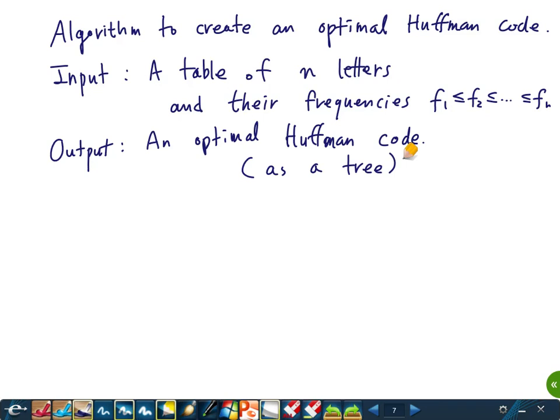So it will produce some tree, and the tree will determine how we encode these letters. Okay, let me give you an example first. I'll get back to this later.